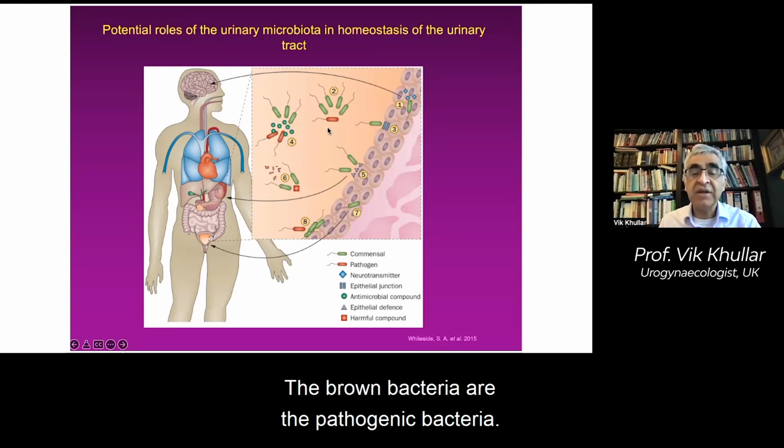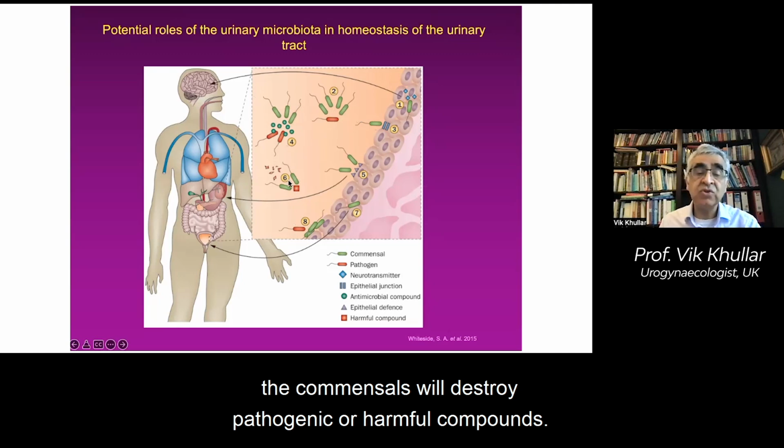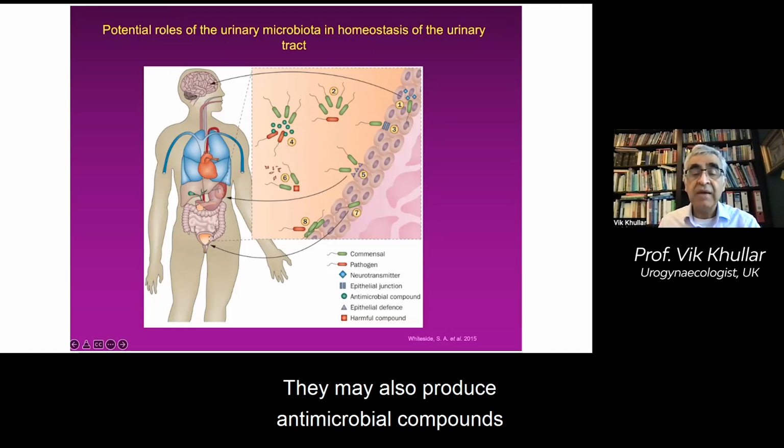The brown bacteria are the pathogenic bacteria. And you can see that sometimes the commensal bacteria will prevent pathogens from entering. The commensals will also destroy pathogenic or harmful compounds. They may also produce antimicrobial compounds against pathogens, and also they'll crowd it out.